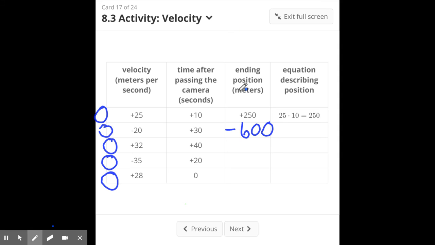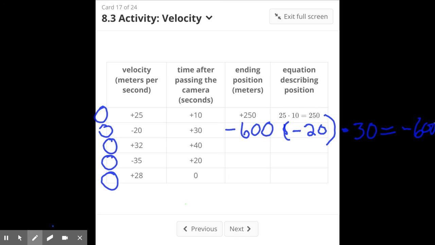This negative representing the fact that we have moved to the left, that we have moved west. And so to write an equation for this is going to be negative 20 times 30 will equal negative 600.